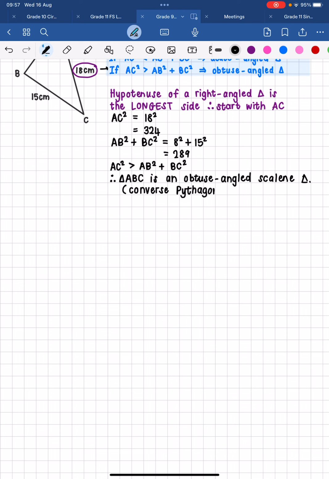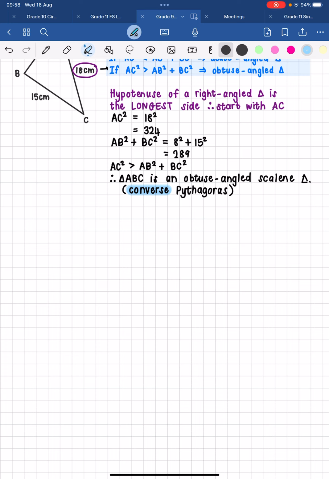You can't just write Pythagoras, guys. Pythagoras is when you know that it's a right angle triangle and you're using that to calculate the side. Converse Pythagoras is what you use to actually classify a triangle. So let's highlight the word converse there. That is very important. If that word is not there, you are unfortunately not going to get that mark. Very, very important, guys.